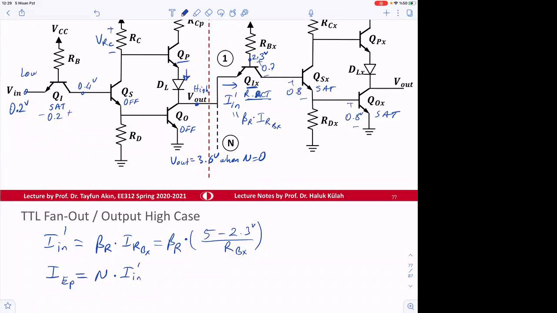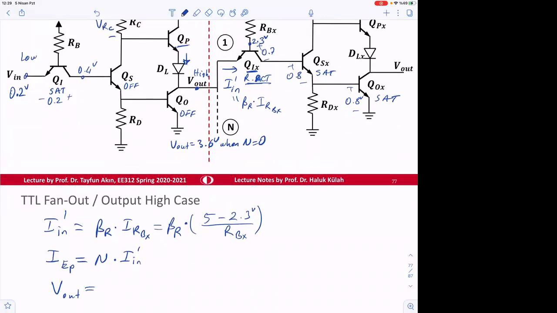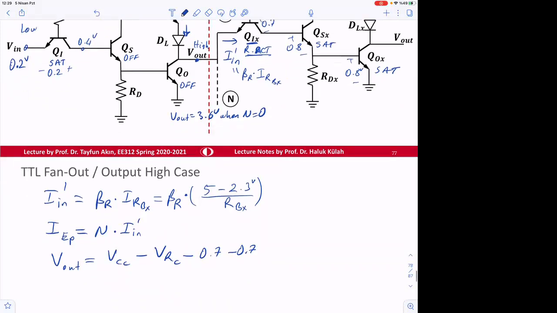What about Vout? Vout voltage is going to be equal to VCC minus VRC minus 0.7 minus 0.7. If n is equal to 0, VRC is equal to 0. But if n increases, then this will increase. So this VRC is the critical thing.